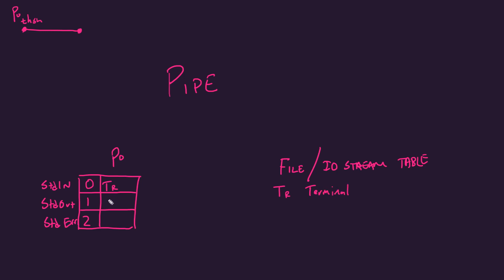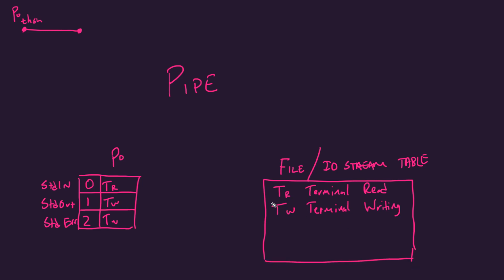Then standard out is terminal for writing, and standard error is also going to be attached to the terminal for writing. Great, so we've got our tables set up here, and this is at the operating system level. So this is the operating system, and this is our process 0.